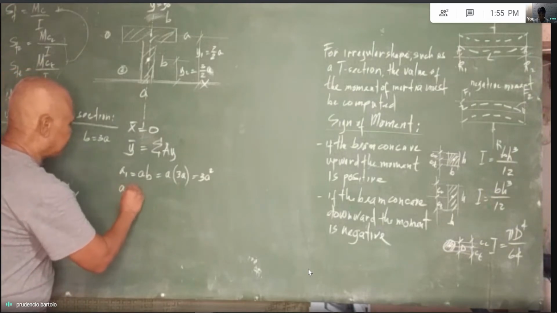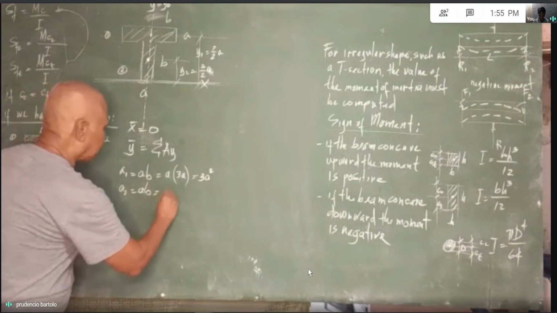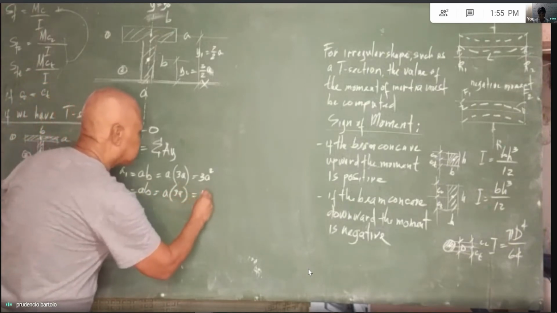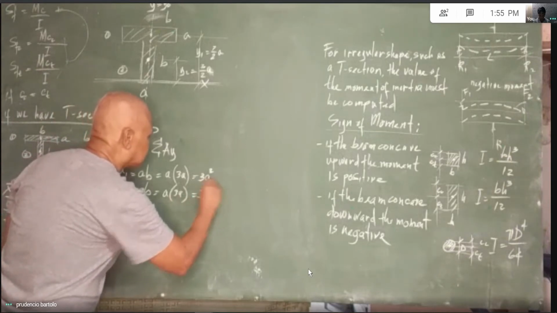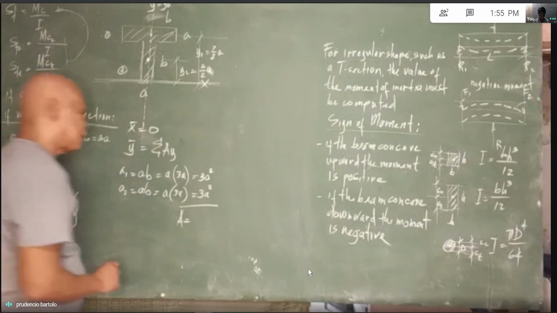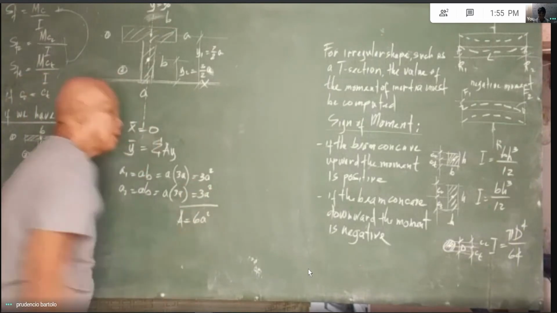For A sub 2, that is also a multiplied by 3a, or 3a squared. The total is now capital letter A, that is 6a squared.